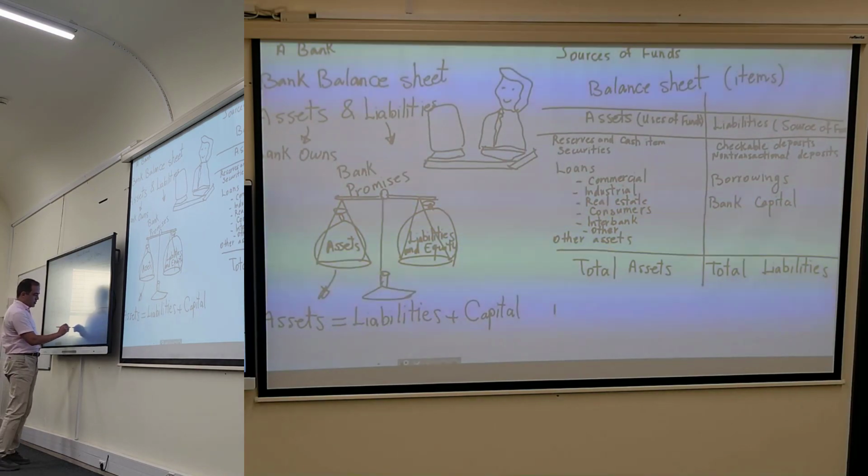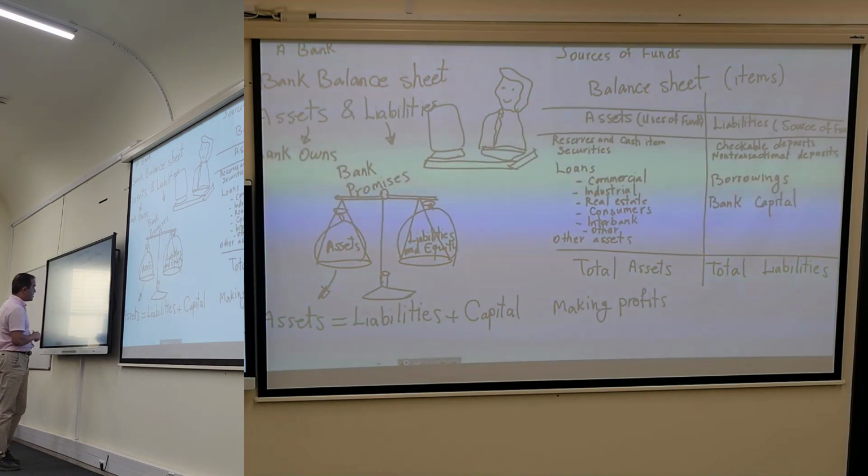Okay, so the source of funds and also making profits, that the banks make money by charging higher interest on loans and investments than they pay out on deposits and borrowings.